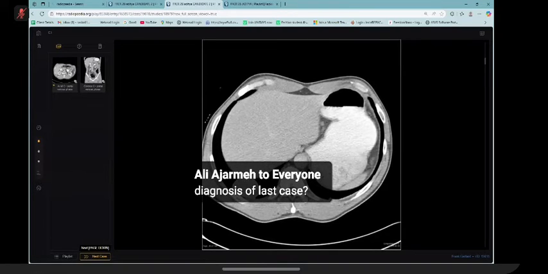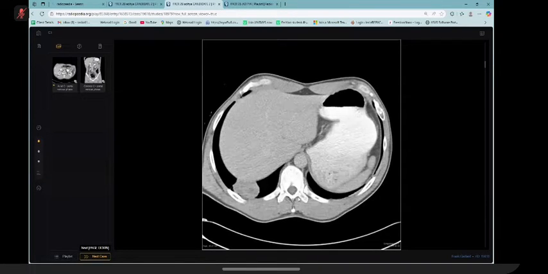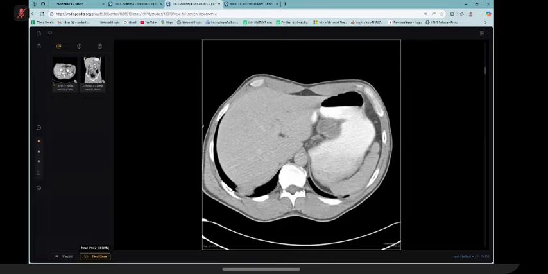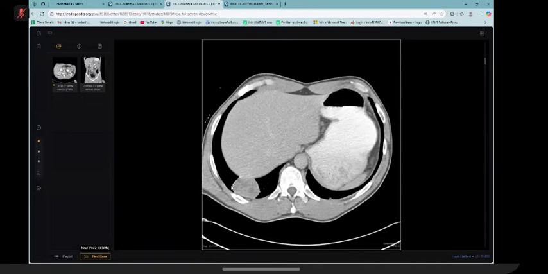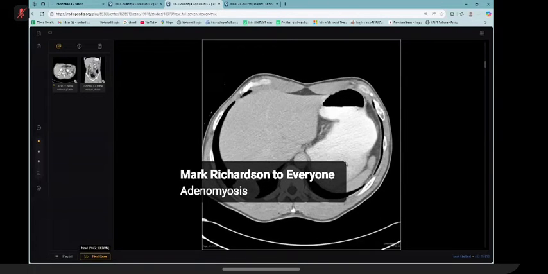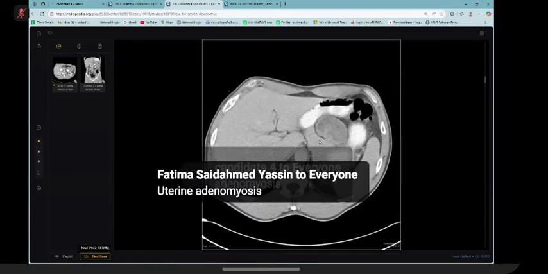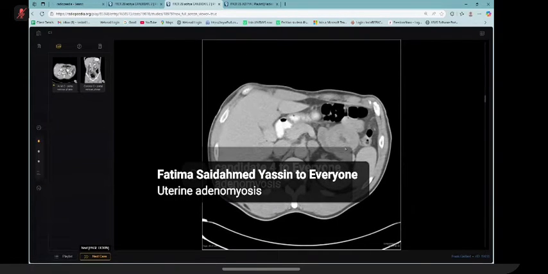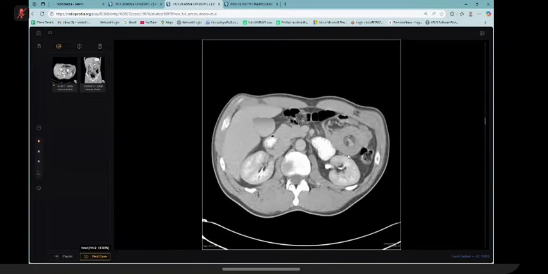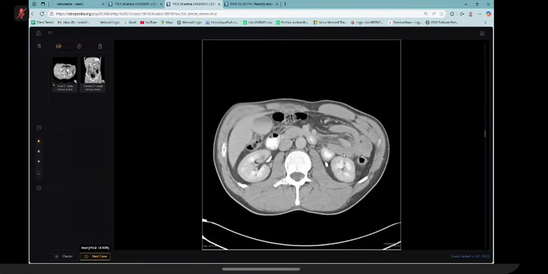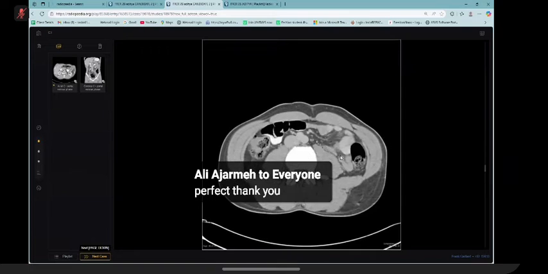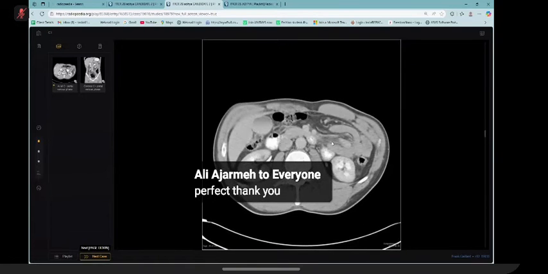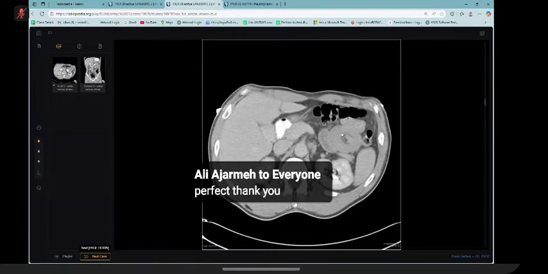I can see the oral contrast in the stomach. In the lung bases, I can appreciate that there is a nodule in the right lung base. I'm scrolling down in the left side of the abdomen in the region of the jejunal loops.